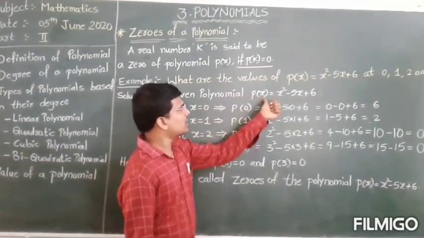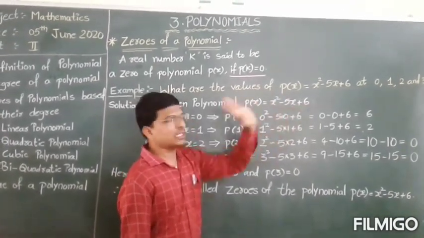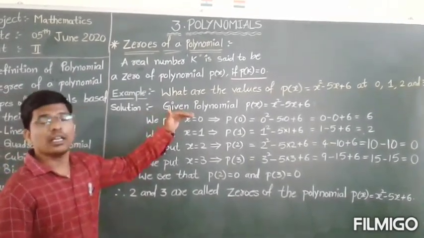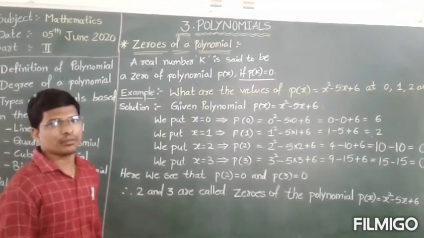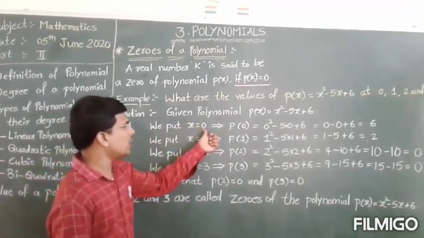P(x) = x² − 5x + 6. In the place of x, I am substituting 0. So we put x = 0.